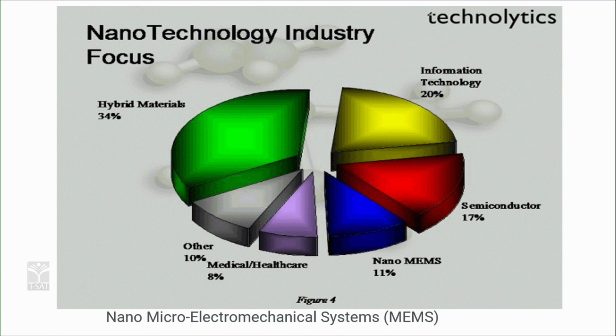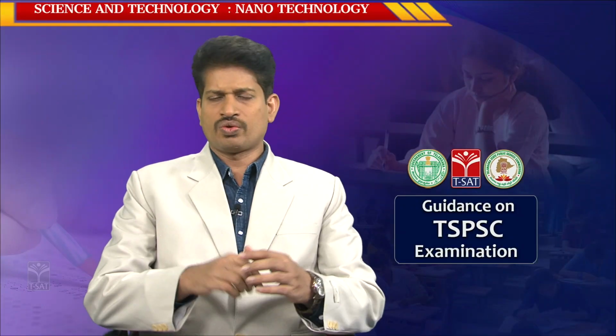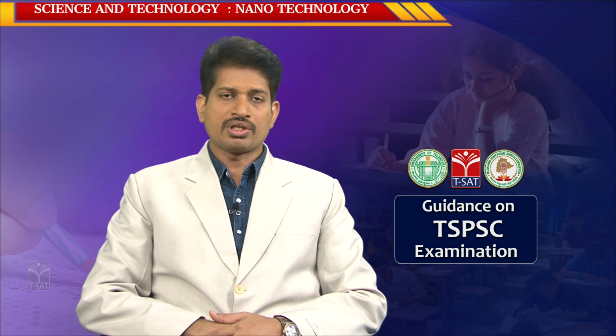For example, adding carbon nanotubes to concrete helps in increasing the strength of the concrete, and the weight of the concrete decreases, so that the durability and lifespan of the building increases because of the application of nanotechnology. So, these are the different areas where nanotechnology is being applied.